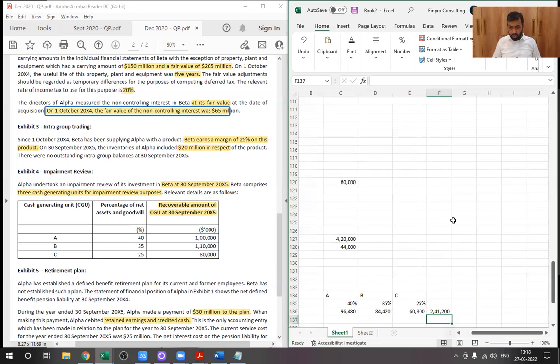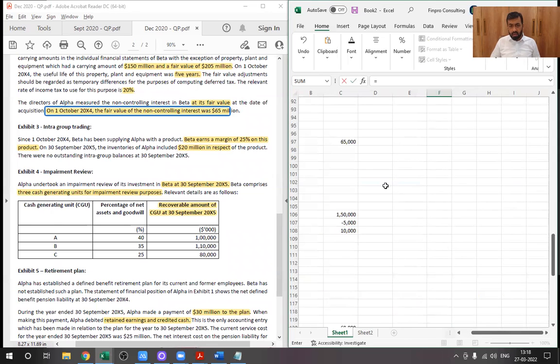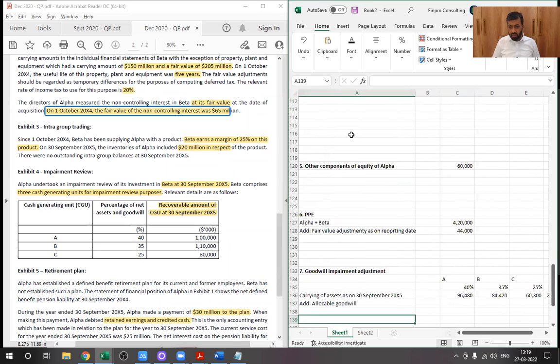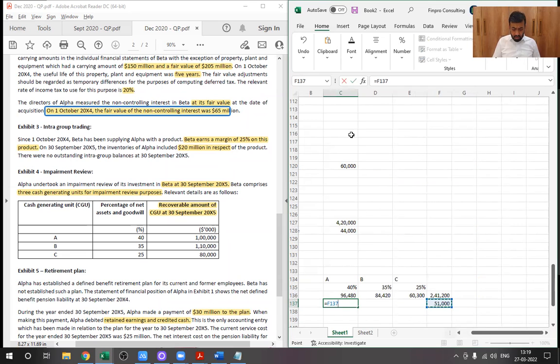Then you have to allocate goodwill. Allocable goodwill. What is the total goodwill? Again, it is given in the working note. This 51,000 is the total goodwill here. You will also allocate this. What is the total carrying amount of the CGU?